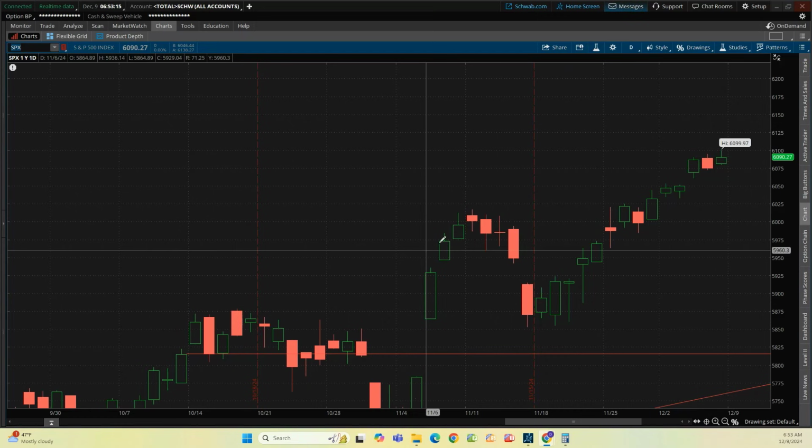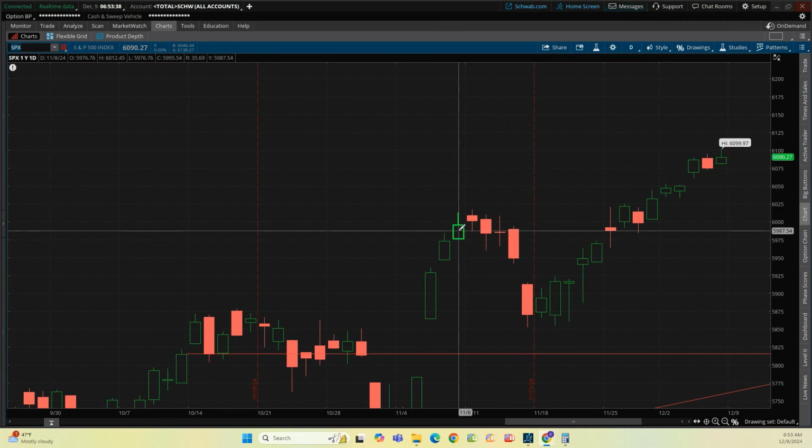Let's take a look at what happened around the round number of 6,000. You can see the first time it was able to get above it was back here on November 8th. It was able to get above it, but it wasn't able to close above it. Looking at this candle, the high was 6,012, but it closed at 5,995.